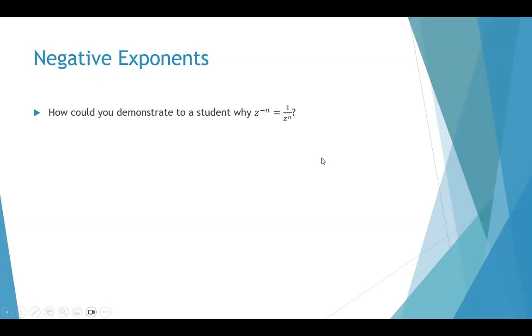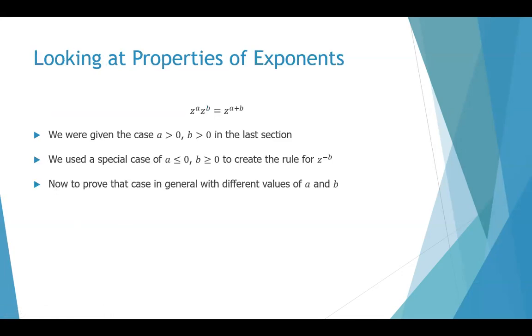It appears I can't write on this particular device the way I wanted to, but that's okay. We're going to get through this, and then we'll go from there. Looking at properties of exponents, z to the power of a times z to the power of b is equal to z to the power of a plus b. Now, we were given the case that a is positive and b is positive in the last section.